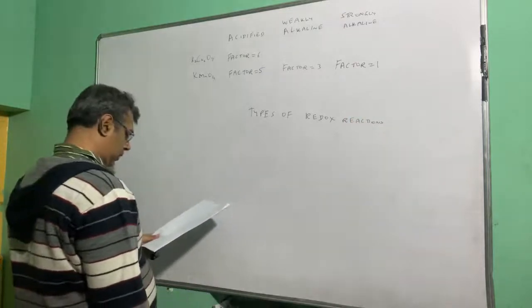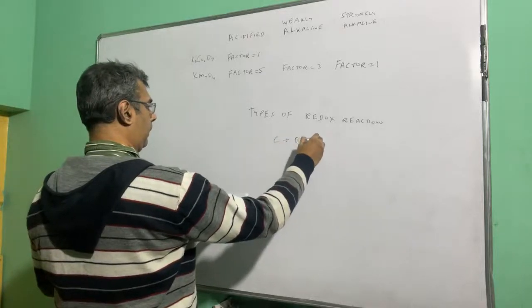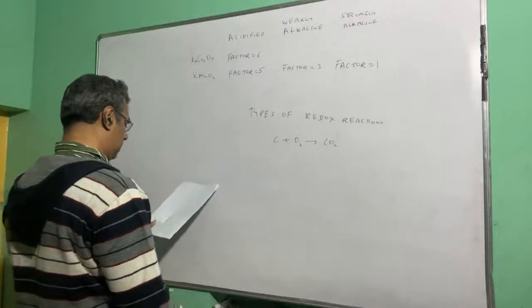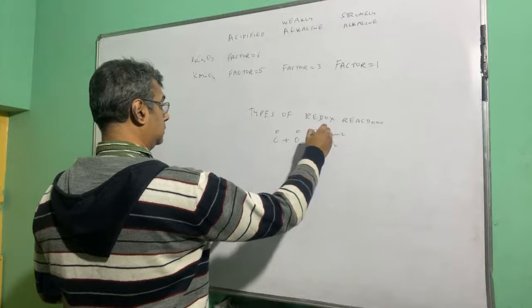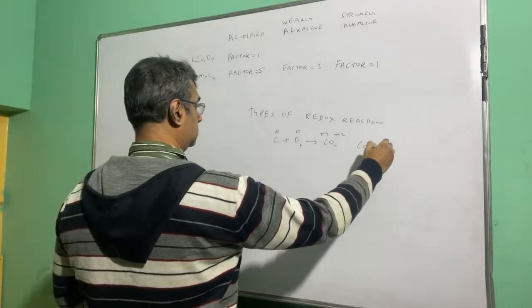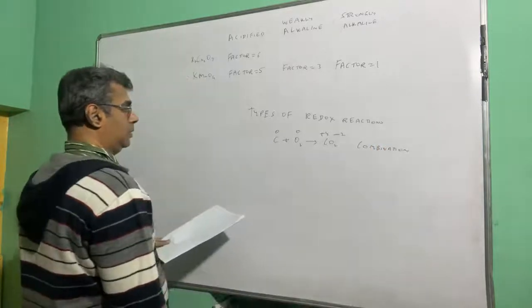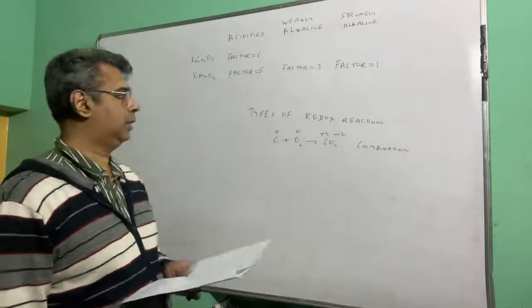Okay, then types of redox reactions. C plus O2 equal to CO2. This is called a combination reaction.